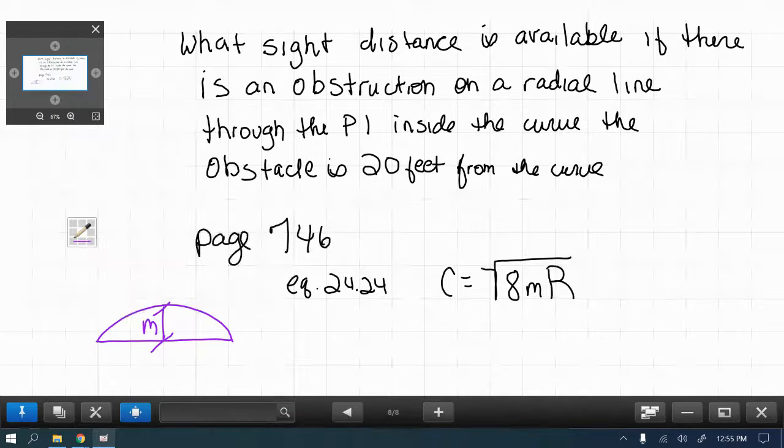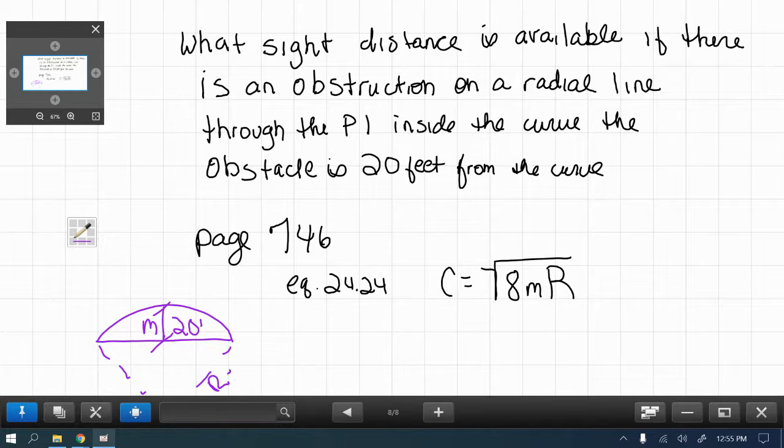This is our M, and they said that's 20 feet. And of course, we would know what our radius is. Our radius from that problem was what, 1432.40?